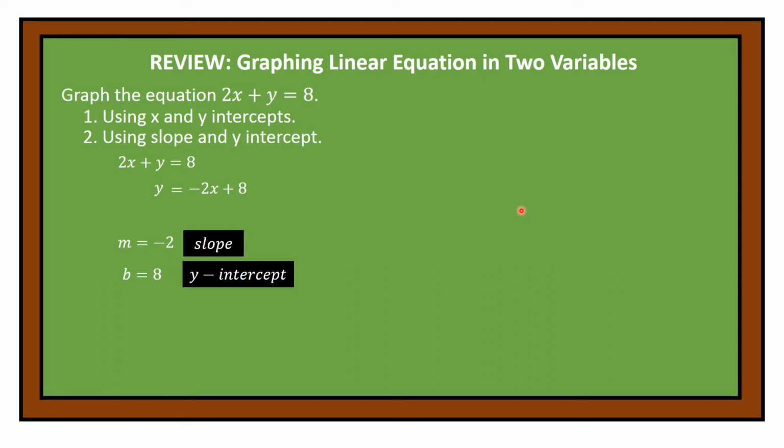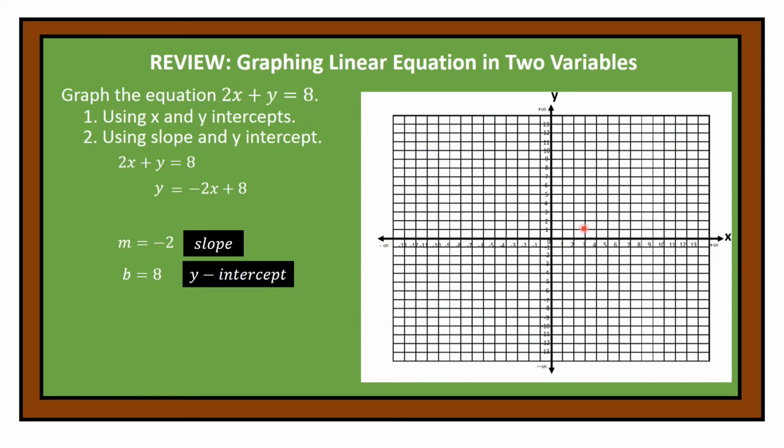So pwede na natin tong i-graph. Okay, so using y-intercept which is equal to 8, ilagay natin to sa ating y-axis. So ito yung ating y-intercept. From this point, gamitin natin ang slope which is equal to rise over run. So ang rise natin is equal to 2. And then ang run natin is equal to 1.